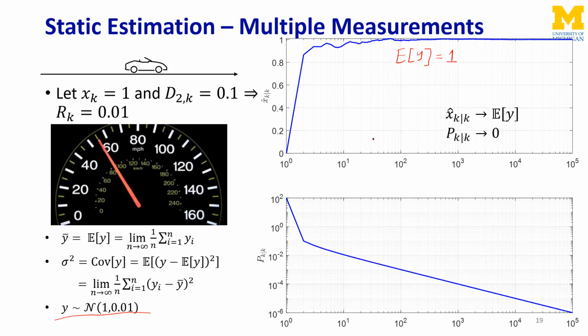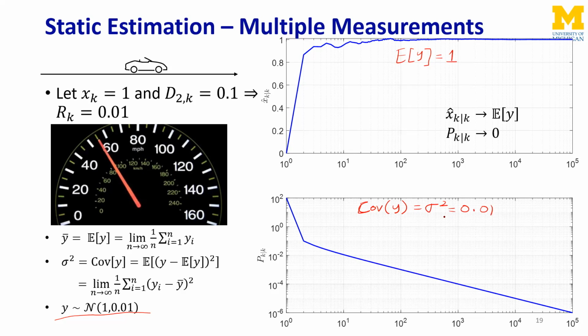What about the variance? The variance of the estimate X is shown here. It is continuously decreasing. Note that the variance of y is sigma squared. It's a constant, 0.01 in this case.